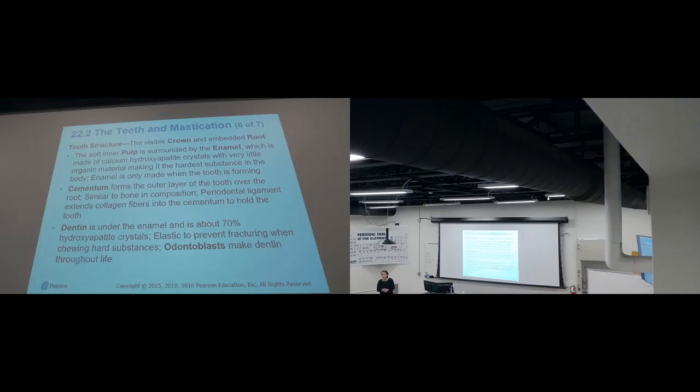You have tubules that, when exposed because you have erosion of your enamel, are sensitive to cold and hot liquids. And then internal to the dentin, we have a cavity that is filled with connective tissue with blood vessels and nerves. This is the pulp.